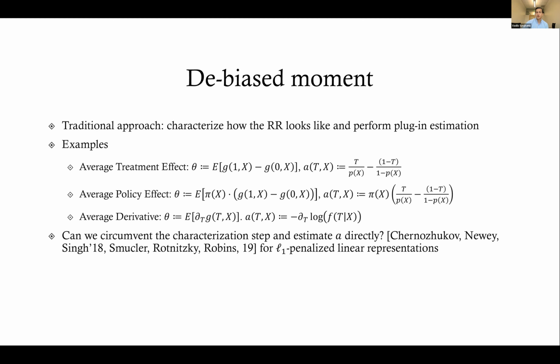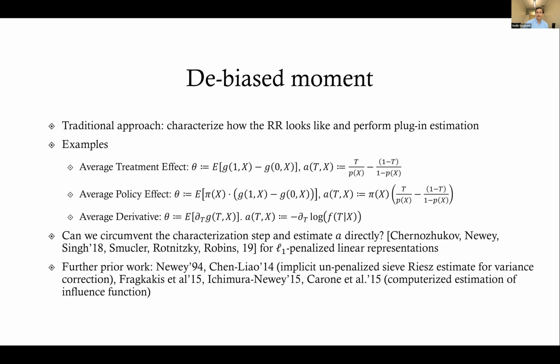The seminal paper of Chernozhukov, Newey and Singh showed how you can do this using L1 penalized linear representations of the Riesz representer. And in fact, this idea of estimating the Riesz representer directly dates back to even the seminal paper of Newey 94, which characterized the variance of semi-parametric estimators, or follow-up work by Chen and Liao, and more classical work, which tries to estimate this Riesz representer based on unpenalized linear representations.